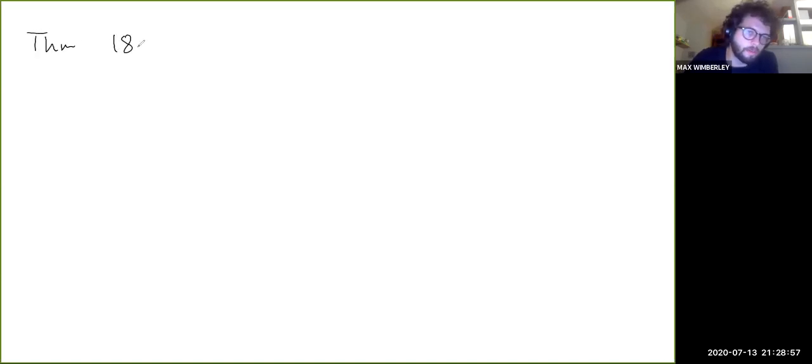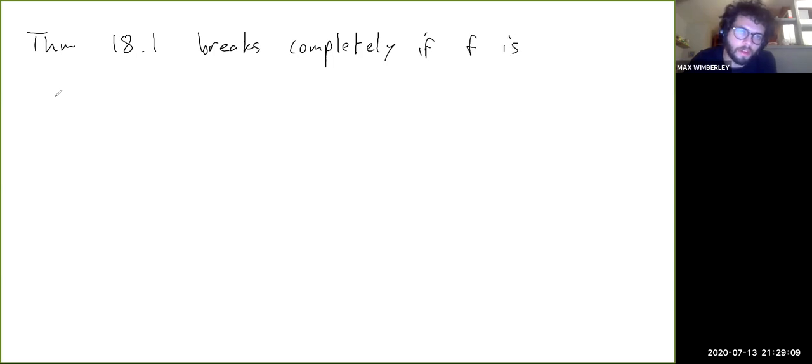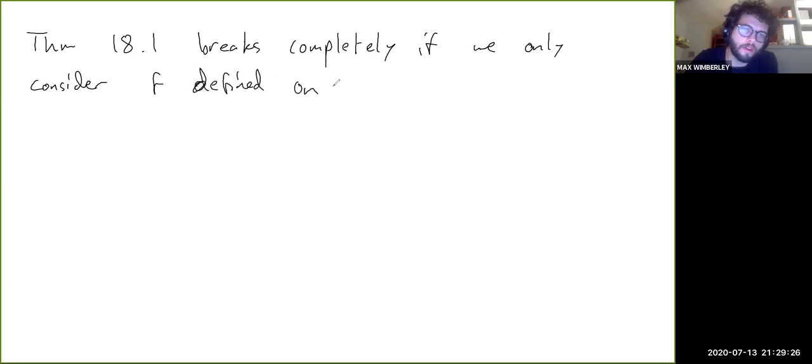Theorem 18.1 breaks completely if we only consider f defined on the open interval AB.